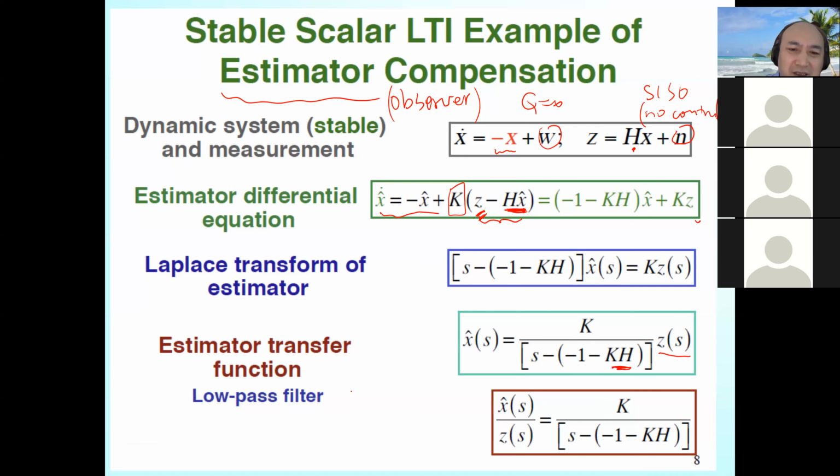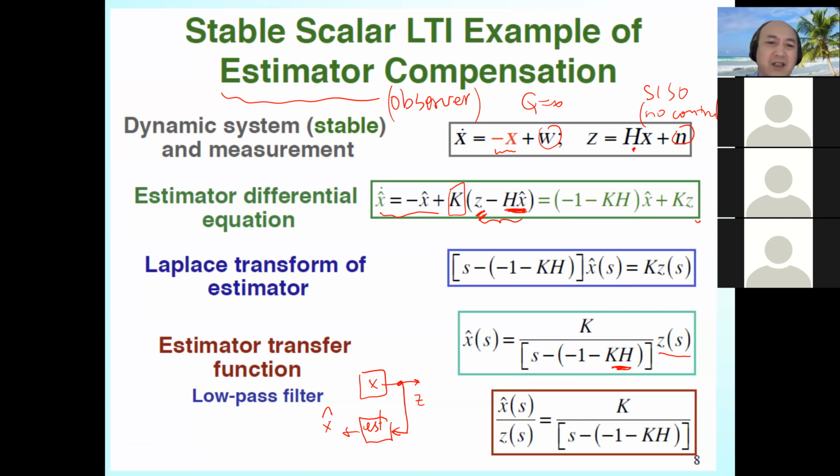So basically, I have a system. I have a measurement. And inside here, I have an internal state. So I'm going to feed this estimator, and I hope I get X hat.